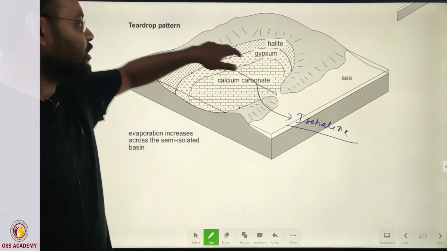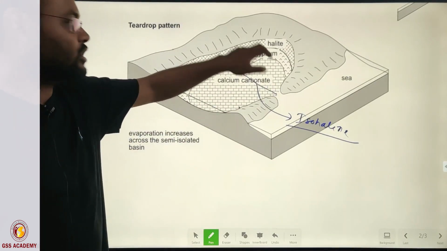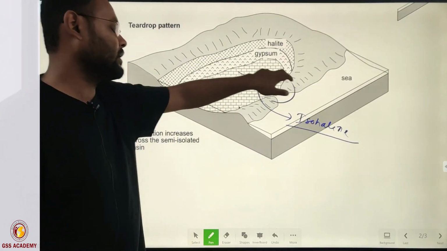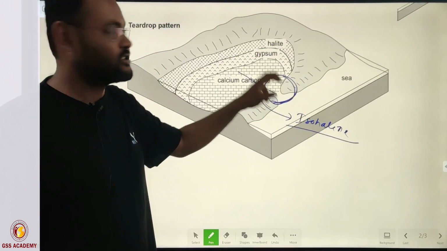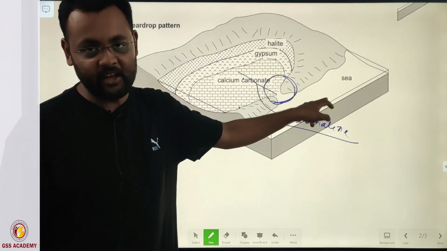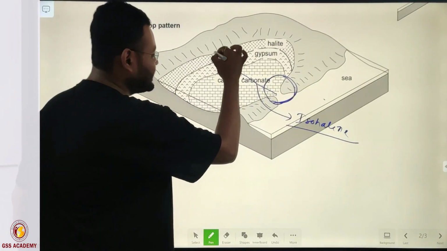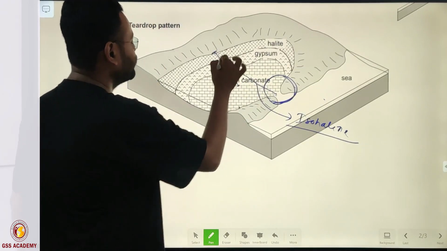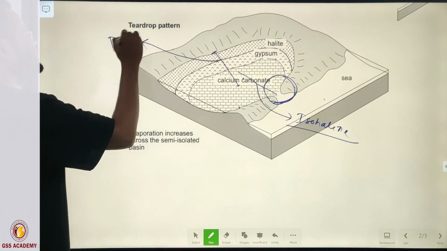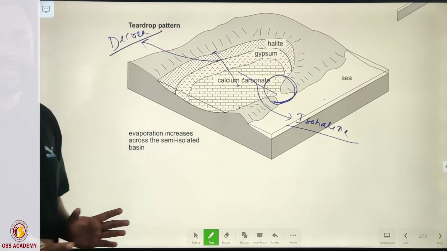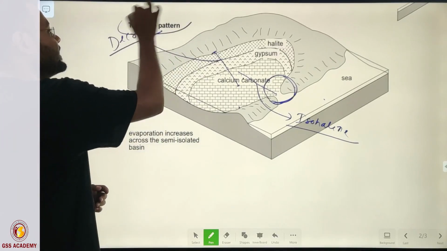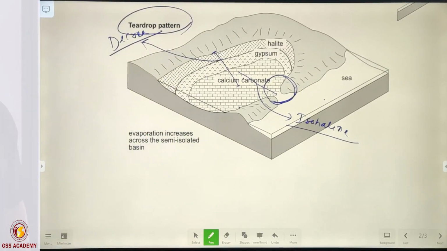But on the exactly opposite side of this connection between the basin and the open ocean, from periphery to the center, we have decreasing salinity. This particular type of evaporite deposit gives rise to a pattern called your teardrop pattern.